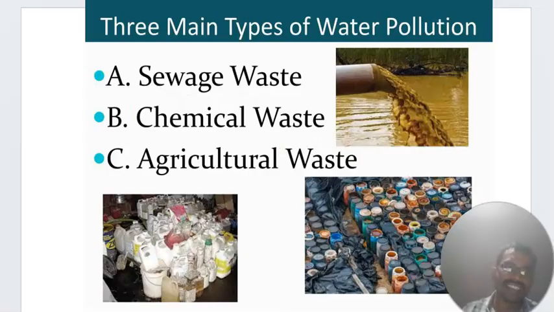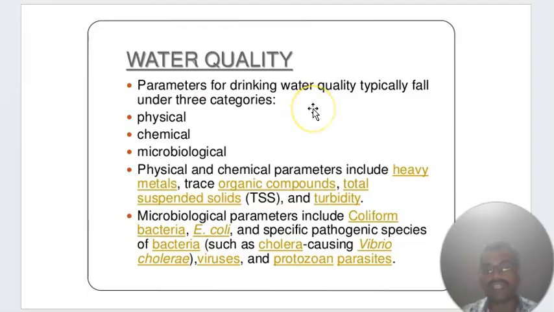Now the next slide: what is water quality? The parameters of drinking water quality typically fall under three categories: physical, chemical and biological, or simply microbiological tests. Physical and chemical parameters include heavy metals, trace organic compounds, total suspended solids and turbidity.